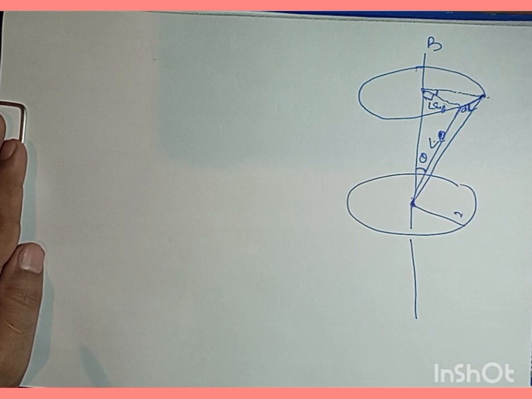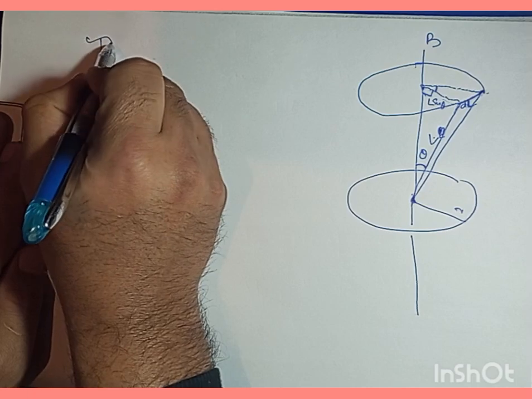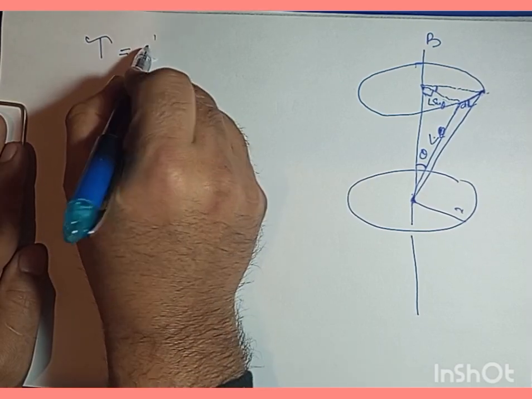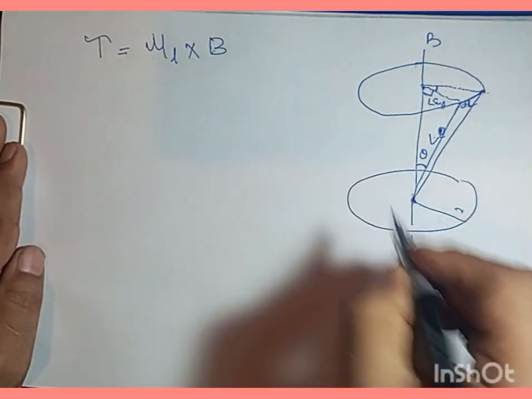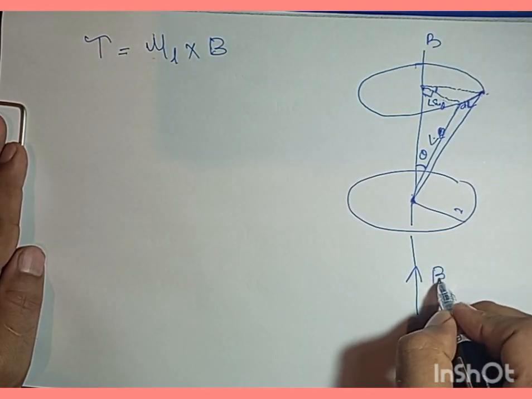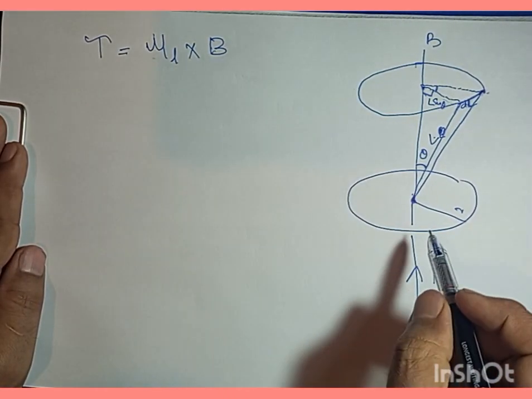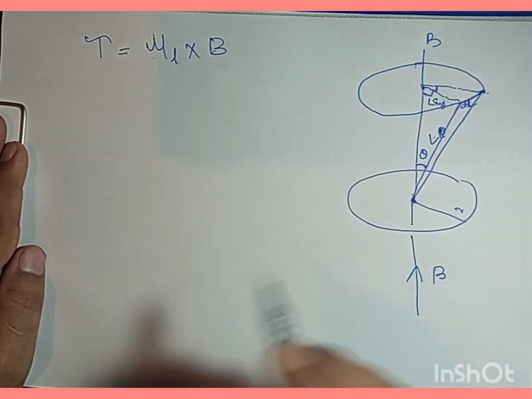We can see them. Now, what is important here is to talk about the torque. And what is torque basically? Torque is tau, and this torque is simply mu L cross B. Now, B is the magnetic field that's applied along the z direction of this revolving electron.